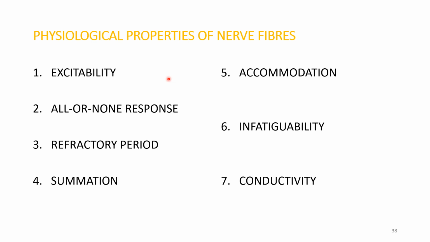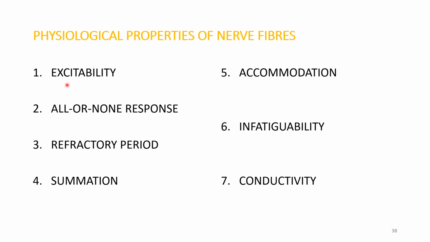Because the nerve cell is an excitable tissue, it has a low threshold for excitation. Therefore, the main properties of the nervous tissue are excitability and conductivity. So, the important ones are excitability and conductivity, and the remaining properties are secondary.